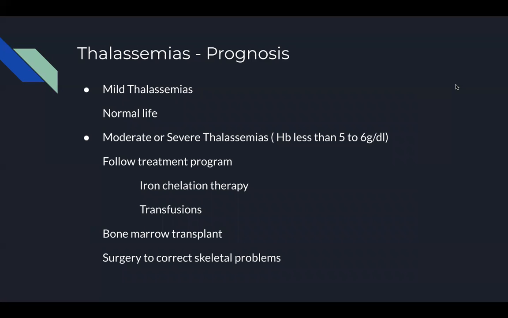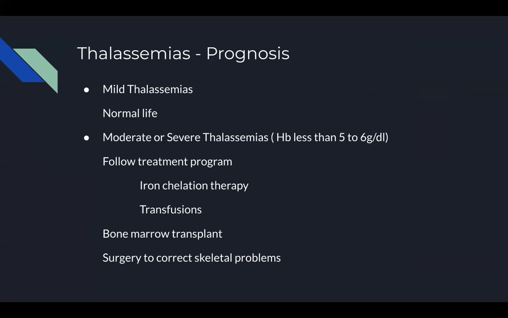So thalassemia's prognosis for mild patients: they can have a normal life just under the treatment. For moderate or severe patients, that means hemoglobin less than 5 to 6 grams, they need to follow a treatment program.